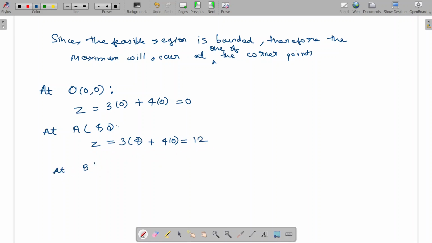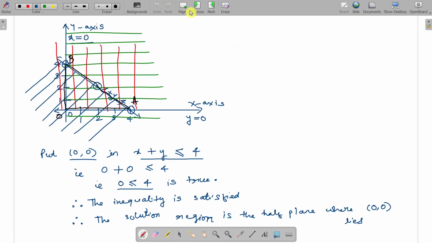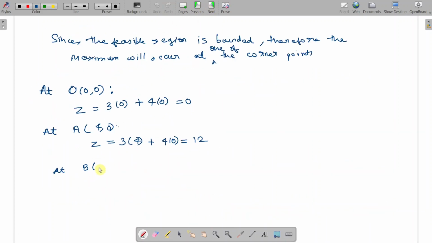Then at the third corner point B, that is 0 comma 4, z is equal to 3 times 0 plus 4 times 4, which is 16. Okay.